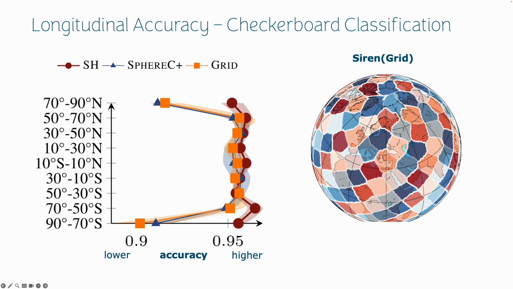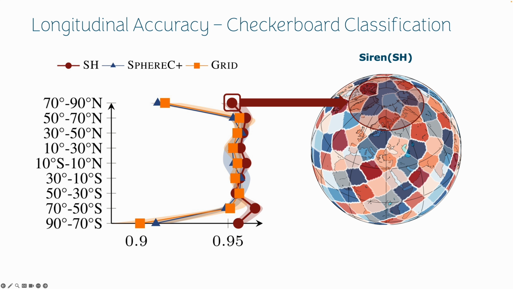But if you use the right basis functions for the sphere, like spherical harmonics, you keep a high accuracy. Here you see some artifacts on the top right, and if I change to the spherical harmonics, you see that the artifacts are gone.